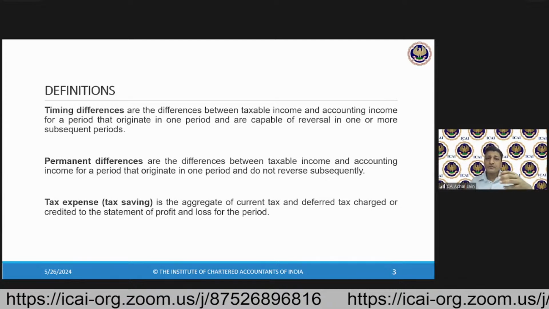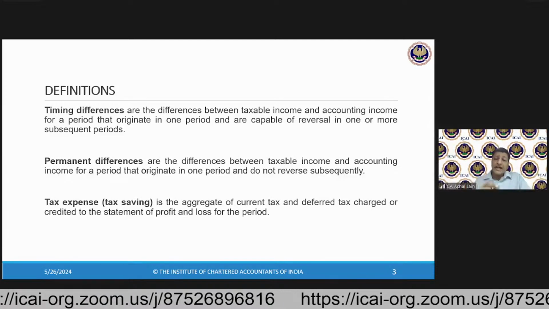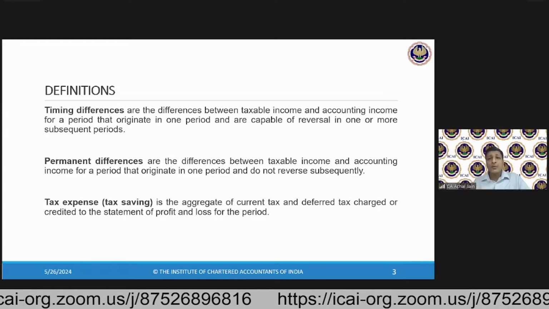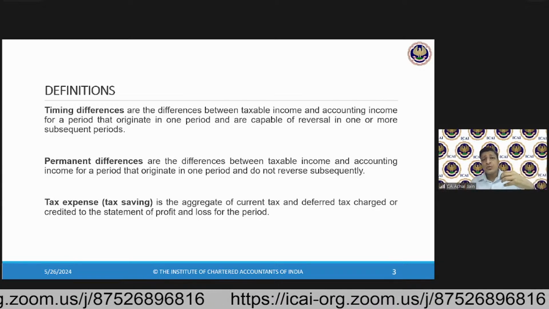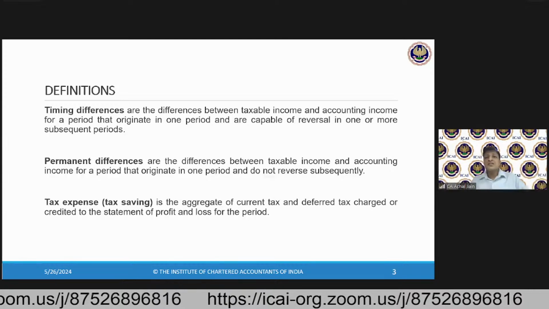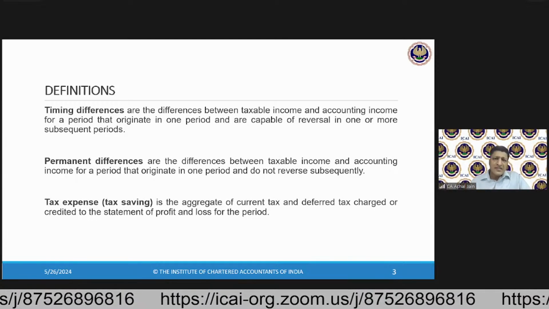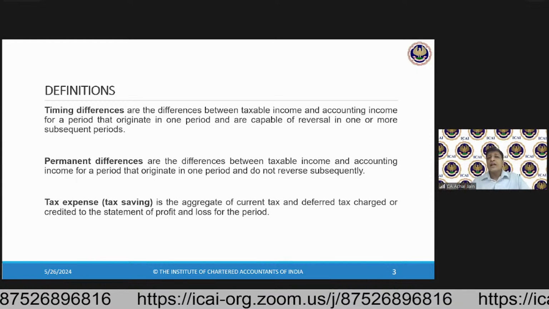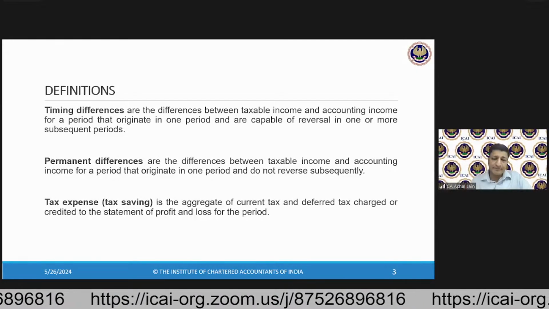Now, in terms of timing differences, we discussed that the deferred tax is required to be created. Now, let's try to understand these timing differences a bit more, and then we'll look at one example also, with the help of which we'll try to understand this concept of deferred tax in more detail.